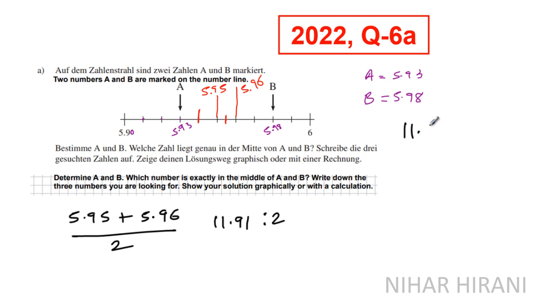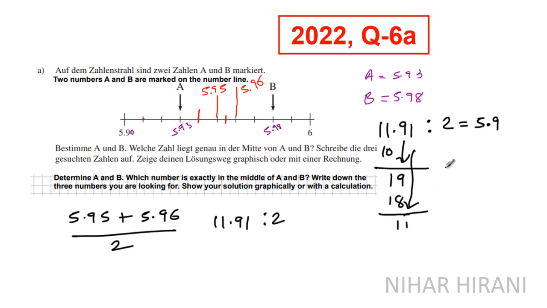11.91 divided by 2. So what is closest to 11 in the table of 2? 2 times 5, 10. I will write 10 here. 1, drop down 9 and here I have to put the decimal point. Now 2 times 9, 18. So 1, I will drop down 1. 2 times 5, 10.